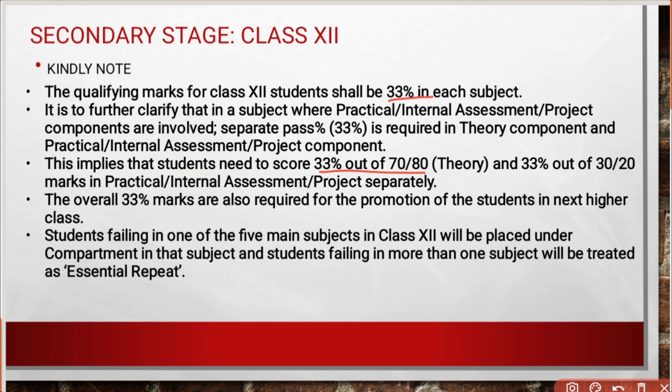In theory you should get 33% as well as in practical you should get 33%. Remember, a student failing in one of the 5 subjects will be placed under compartment exam, and if a student fails in more than one subject, then they will be treated as essential repeat.